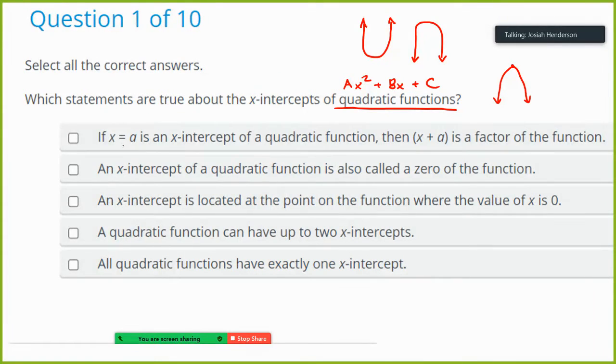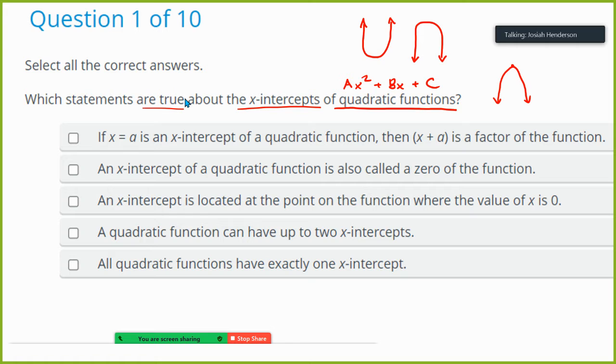So look through this list of 5 statements below with me. We need to pick any of them that are true about the x-intercepts of quadratic functions. So look through the list and tell me if you notice any that you can eliminate, meaning it's not true for sure, or if there's one that you think is true.